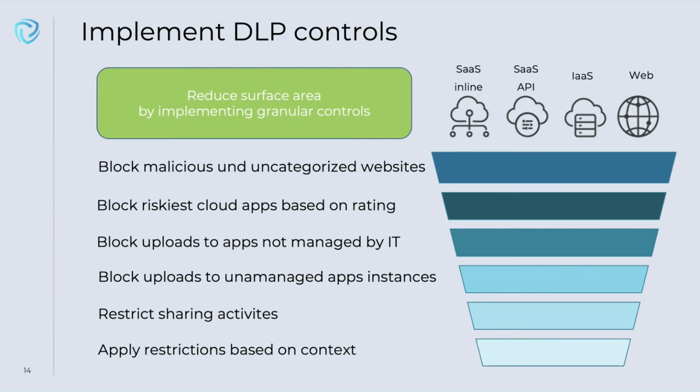And this is how we prevent data leakage, actually. You do not necessarily need to inspect your files with DLP engines, with optical character recognition and machine learning and whatever you've got, just because you can. Maybe there are easier tools based on granular controls. That's the idea here. And then, of course, you can start looking at DLP.